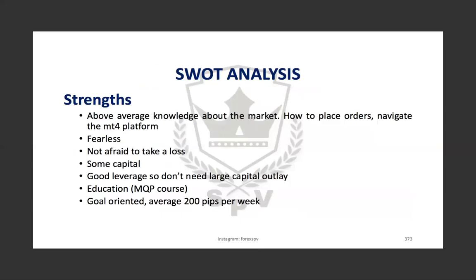And at the end here, we have the SWOT analysis. Here we look at the strength, weakness, opportunity, and threat analysis. I think you should do this SWOT analysis maybe after 3 months of trading. Now you come to look at your strengths. What are your strengths? You have maybe above average knowledge about the market.